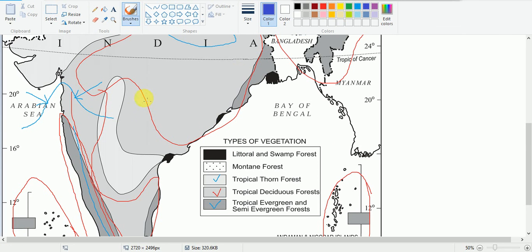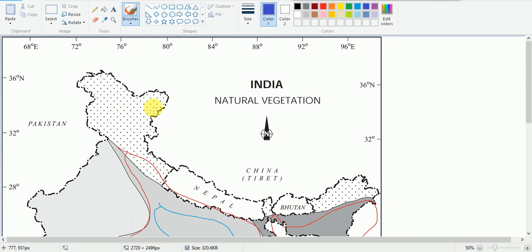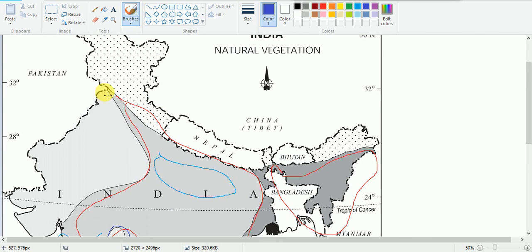So these areas, here this Punjab area, south Punjab area, Rajasthan and Gujarat, this area is covered with tropical thorn forest.